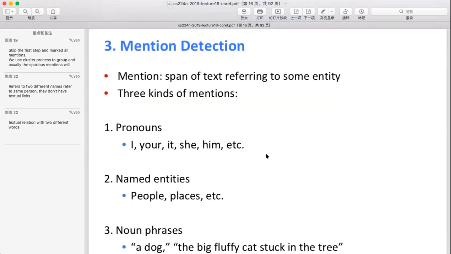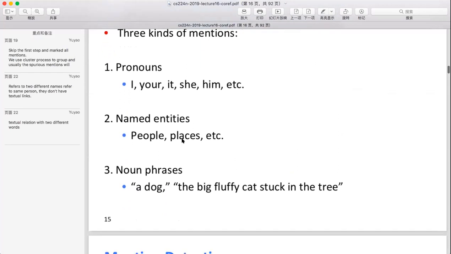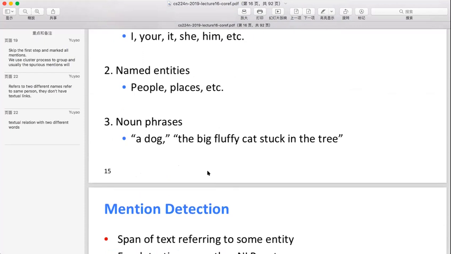And there are three kinds of mention detection. One is pronouns, like, as we know, I, your, this kind of words. Another is named entities, like people and places. Another one is the noun phrase, like in this sentence, the cat and tree, these are noun phrases. We need to identify them and find the relation between each other.